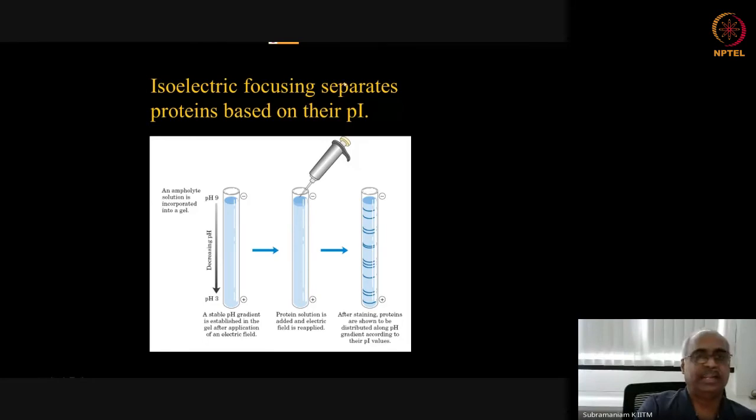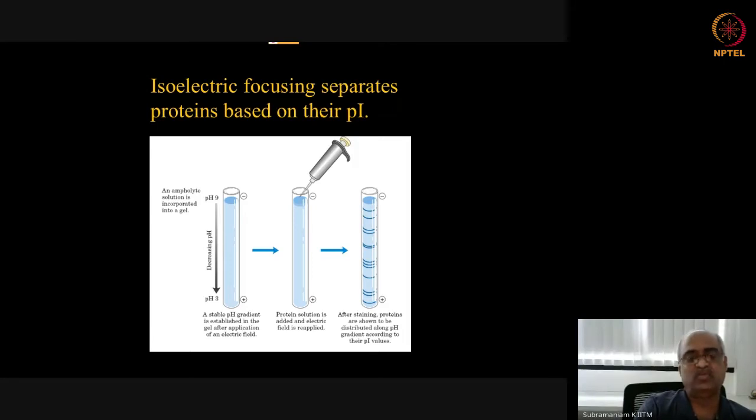So that is exploited in separation, and such an electrophoresis is called isoelectric focusing. Isoelectric focusing means the protein migrates and gets focused at the pH on the gel where its charge is 0, meaning that pH equals its pI.